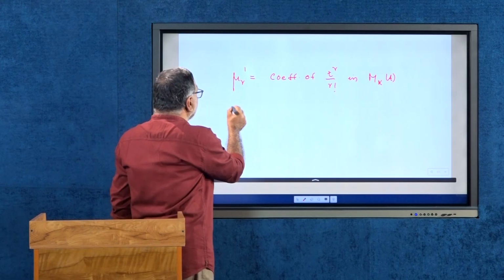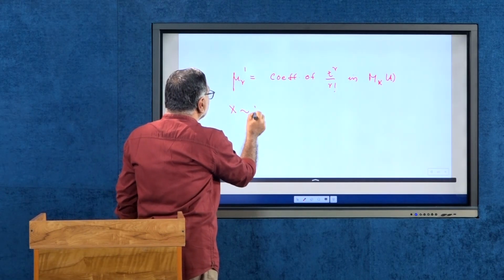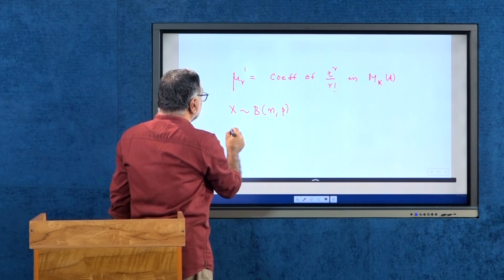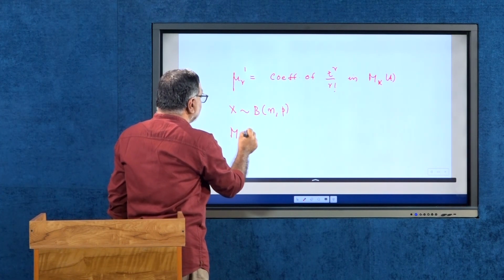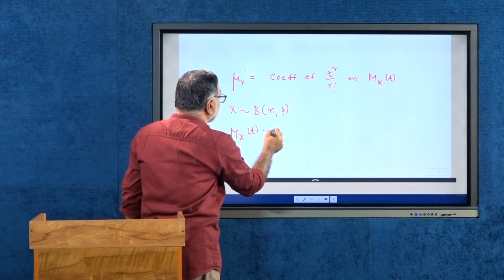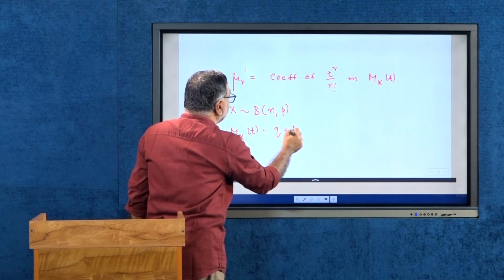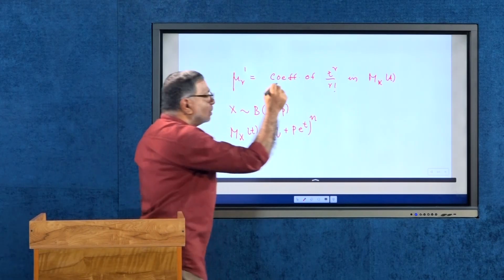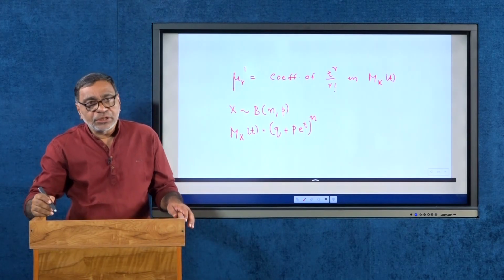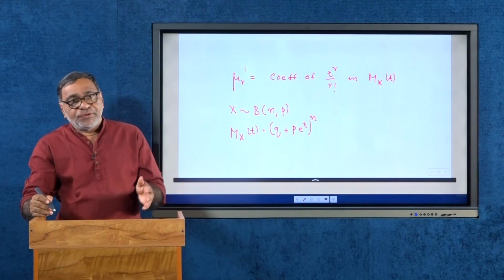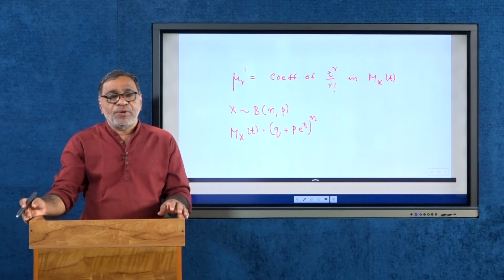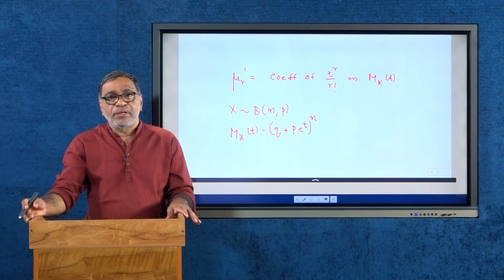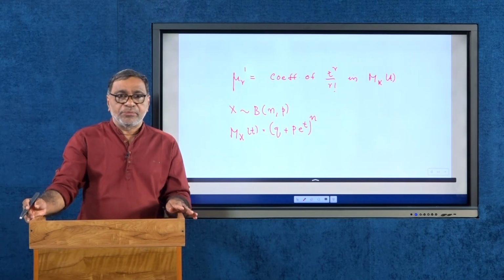See, for the binomial random variable, we have derived that the moment generating function M_X(t) is equal to (q plus p e power t) all power n. This is our moment generating function. If you expand it and find the coefficient of t power r divided by r factorial, then that is our rth arbitrary moment.